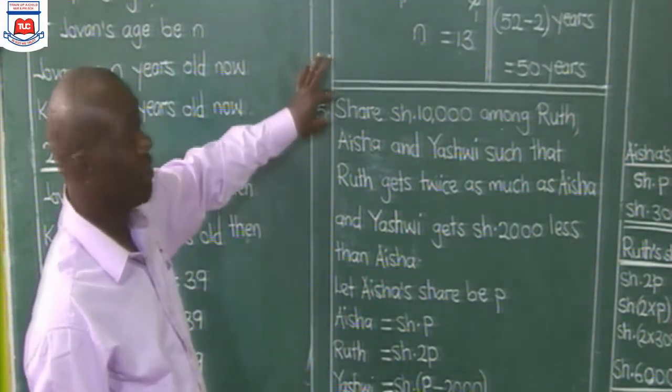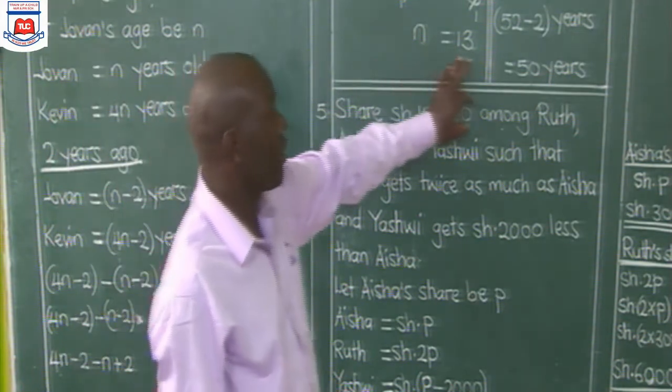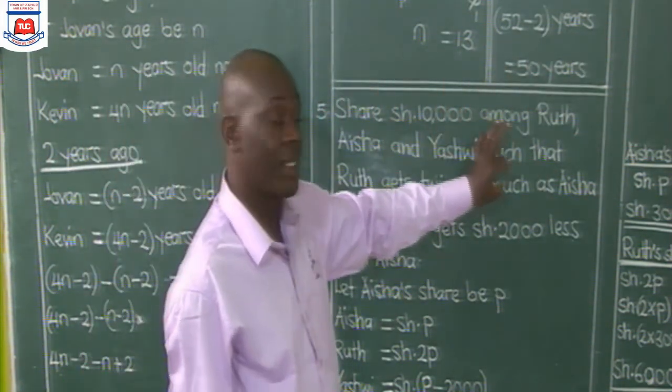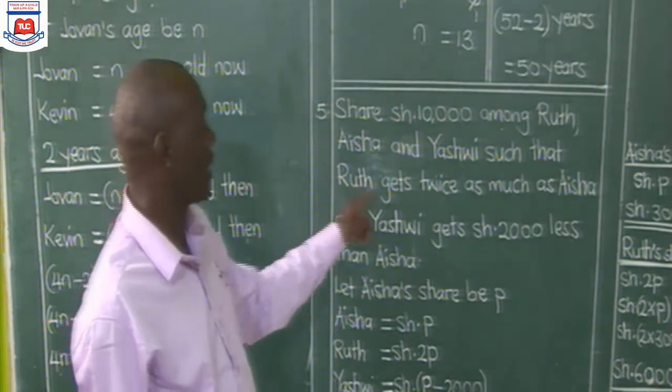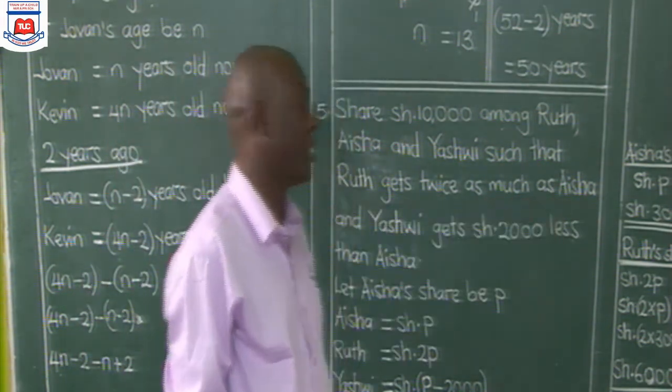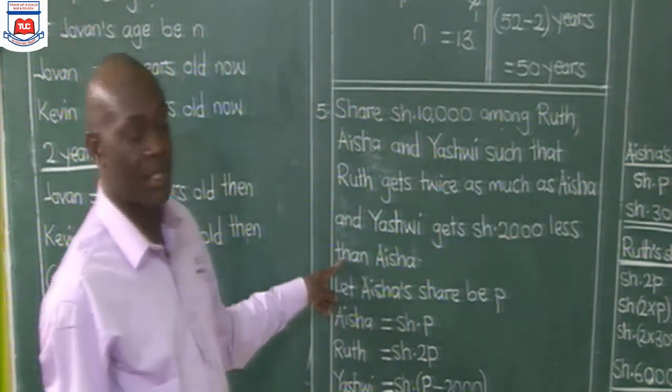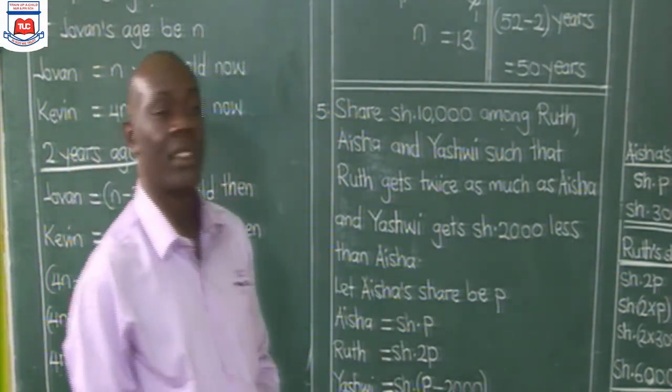To read this again, share 10,000 shillings among Ruth, Aisha, and Yasri, such that Ruth gets twice as much as Aisha, and Yasri gets 2,000 shillings less than Aisha.